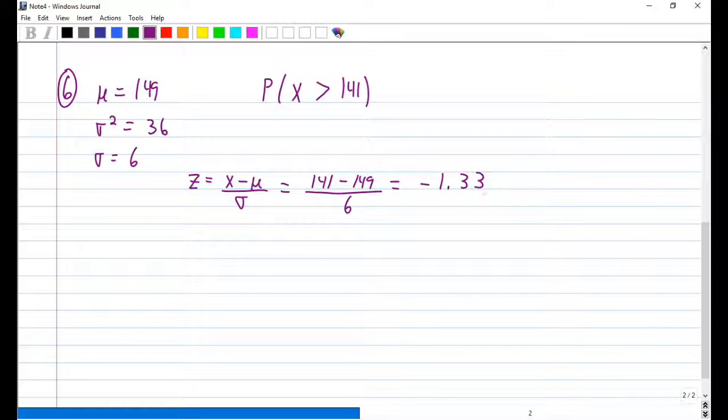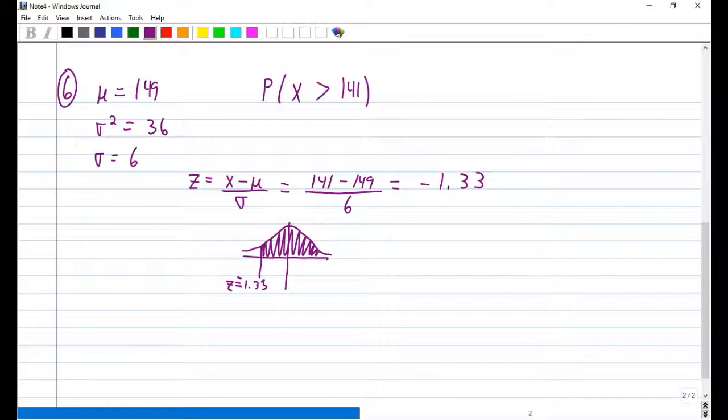Right? So what about the greater than? Well, greater than tells me, if I look at my standard normal curve, I know that my negative z-score is going to be somewhere over here on the left. I'm just going to guess, I'm going to say it's going to be about right here. Well, the greater than right here tells me that I want to find the area to the right.